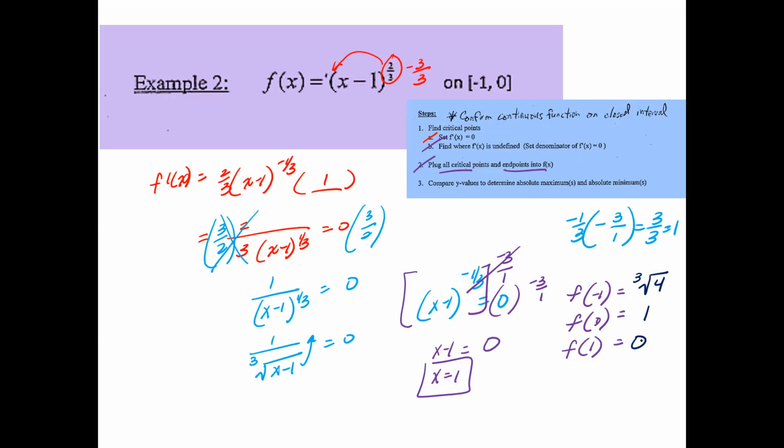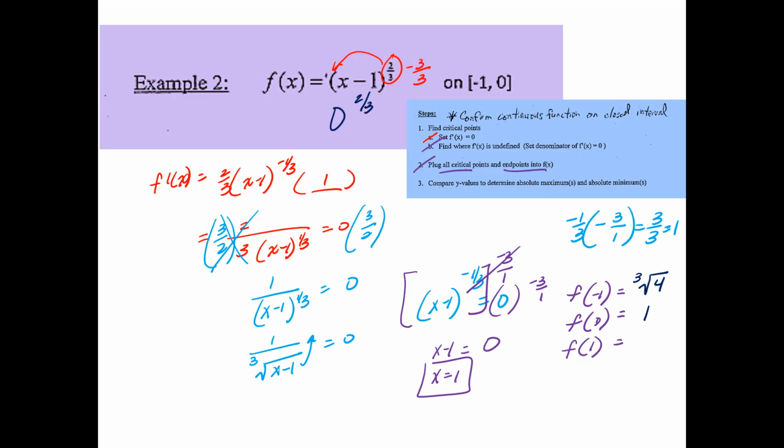Or is it a 0? No, it's not a 0. What would that be? I guess you'll have like a 0 to the 2/3 power. And I'm not quite sure. Does that give you undefined? I'm not sure. I don't have a calculator in front of me, so I actually don't know. Let's see if I can Google it.